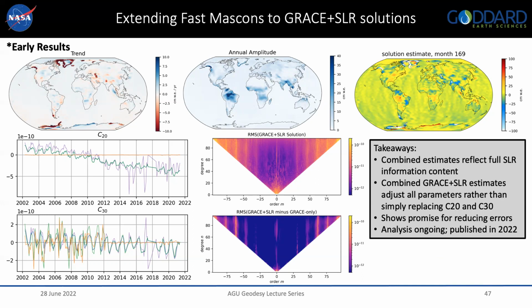Now, we don't want to just look at how those two coefficients are affected. We want to look at how the entire combined solution is affected. So we looked at the entire combined solution in spherical harmonic terms, and considered the signal content of each. We subtracted the GRACE-only signal from the combined solution, and ended up with the last plot shown here. There's a triangle plot that has lots of different flares in it.